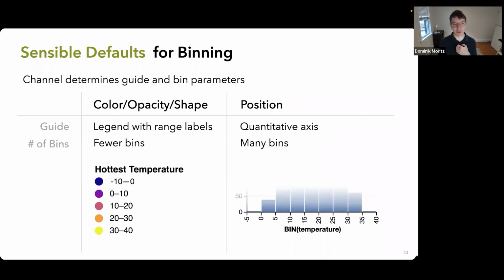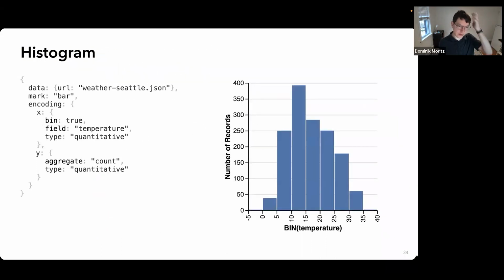You cannot say, oh, I want position to now use a legend, right? It always has to be an axis. But you can change the number of bins very easily by, instead of saying bin true, you say bin max bins and then a number, and then that will be used as a guide for the binning algorithm to determine the bins. So that's how you override it.